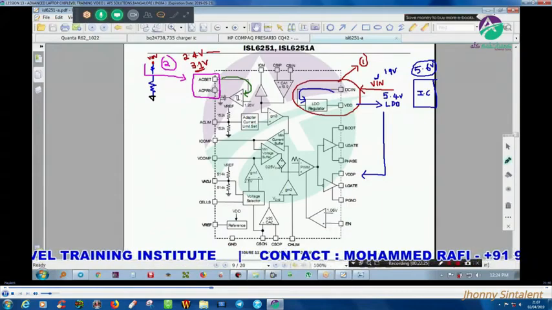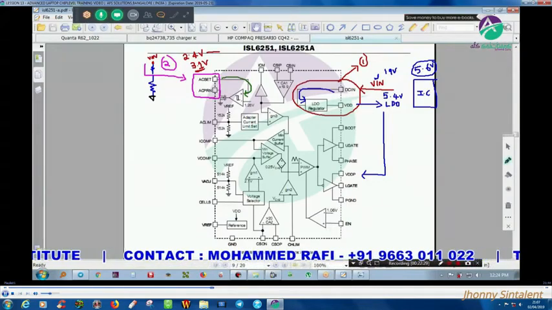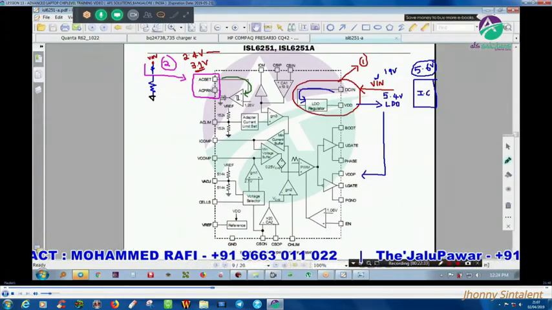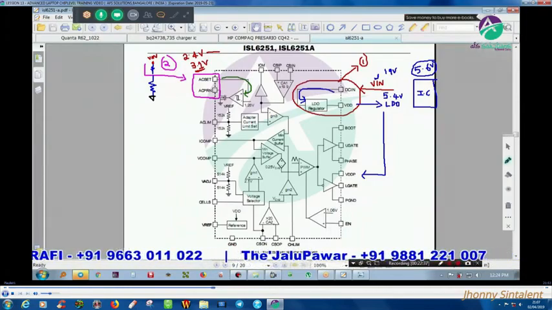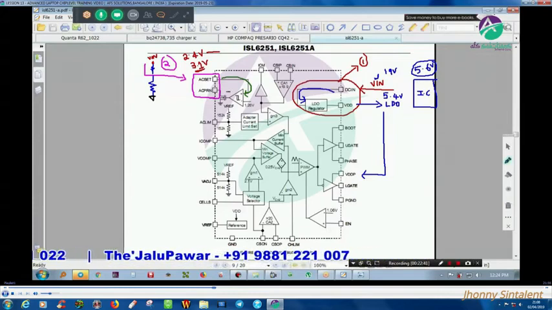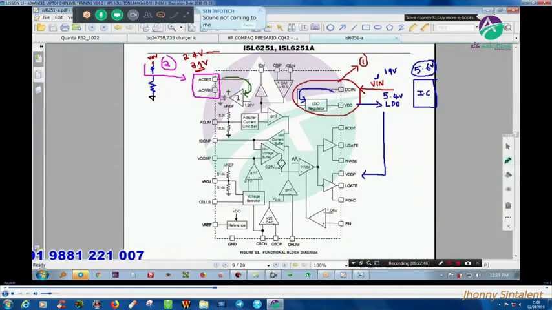I don't want to go into AND gate, NOR gate, NOT gate; I will not go so deep. Simple explanation: one point is positive, one point is negative. If the positive is more than the negative, the output will be positive. Getting my point? So what is my positive? It is 3 volts, for example.